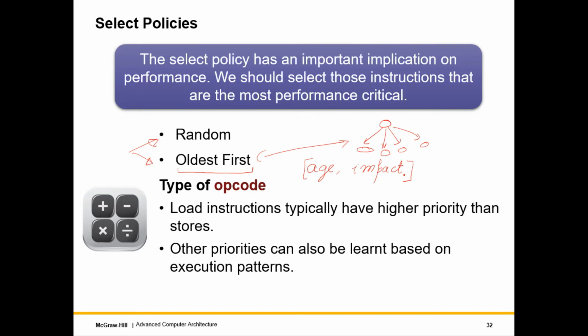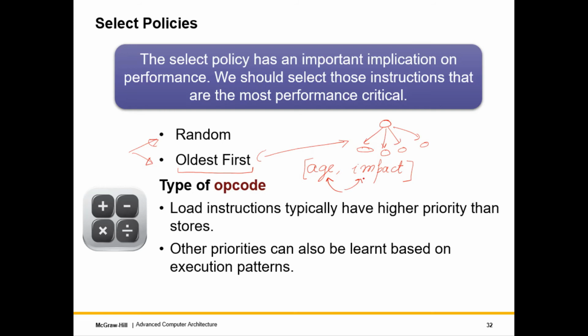The person with the maximum amount of caliber for doing a certain job. So in this case, the caliber is the number of instructions that are dependent on it. But if we always start choosing this, then of course we will have starvation, and that will lead to other problems, which we will see a few slides later. So it should be some combination of basically age and impact. And as I said, it's a general rule in life as well.